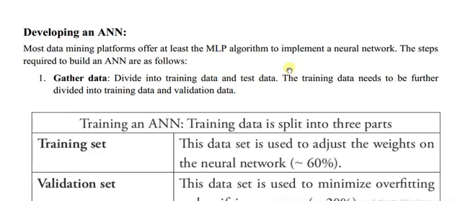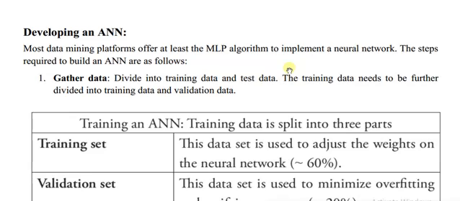The steps required to build an artificial neural network are as follows. We at least need an MLP, so we must have at least 3 layers: input layer, hidden layer and output layer.